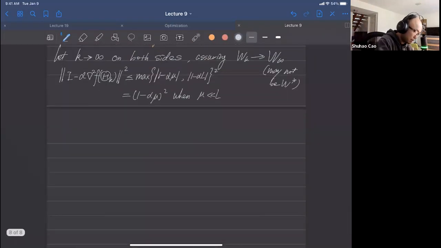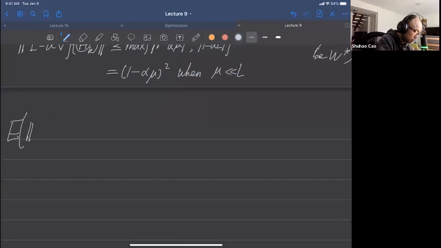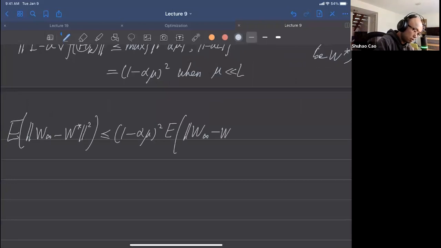What we have here is E of W infinity subtract W star squared less than or equal to 1 minus alpha mu squared E of that, plus alpha squared.